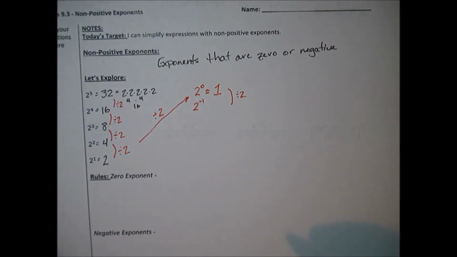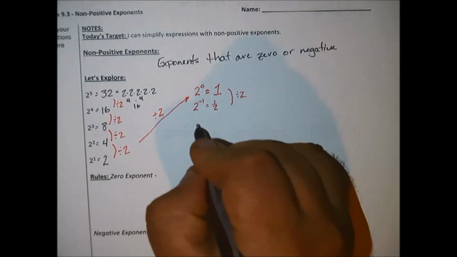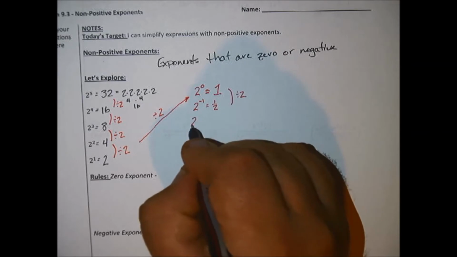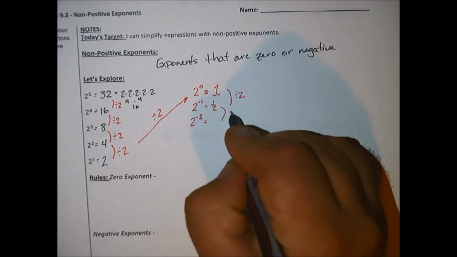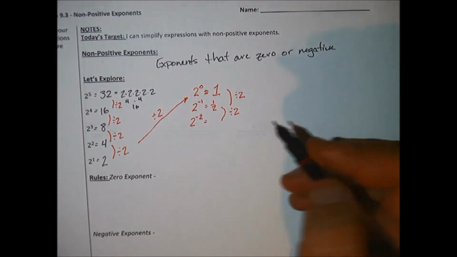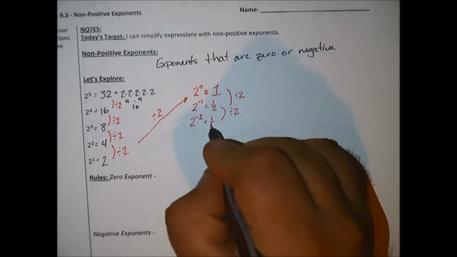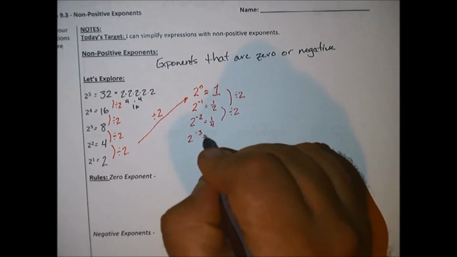Well, what is 1 divided by 2? It's 1/2. I can keep going. 1/2 divided by 2, if you have to use a calculator, you can, but you should get 1/4. That's 2 to the negative 3rd.